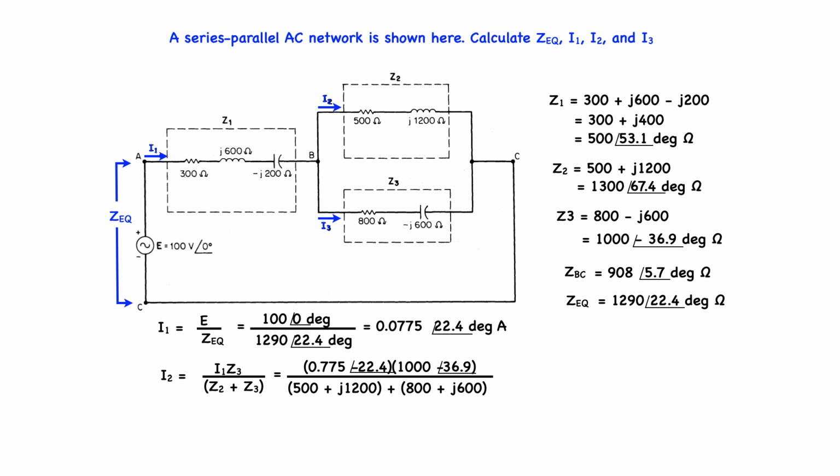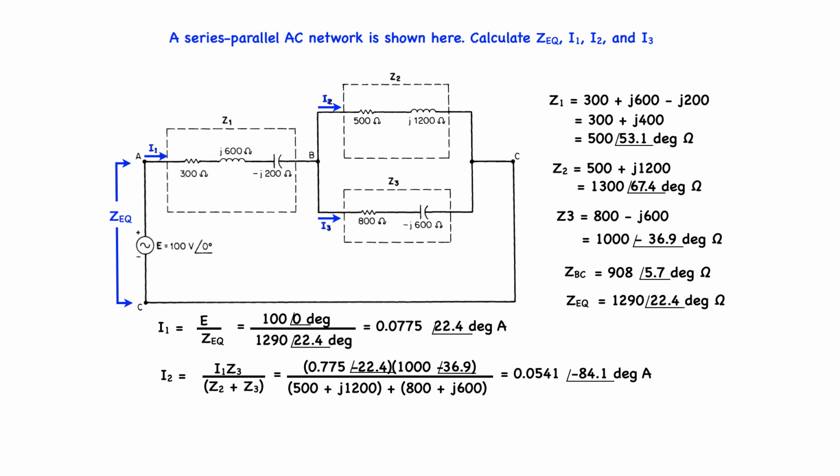I'm not going to go through the coordinate conversion and mathematics. That's a good exercise for you to do on your own. The final outcome is a current that is equal to 0.0541 at 84.1 degree amps.